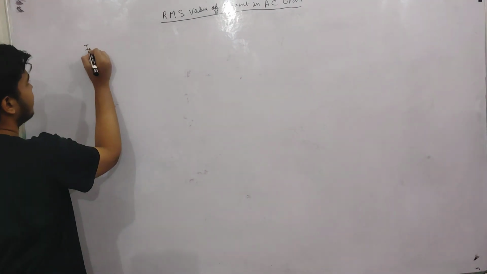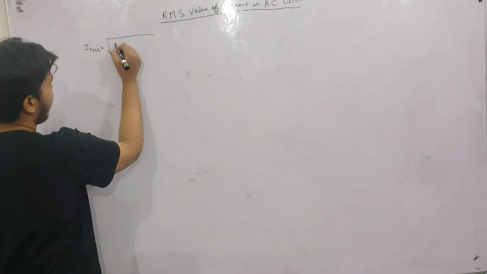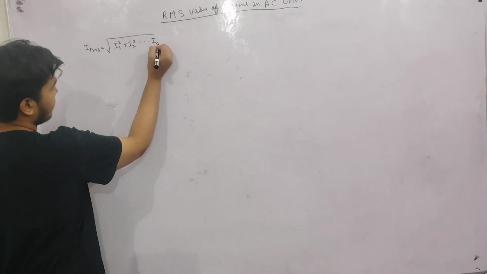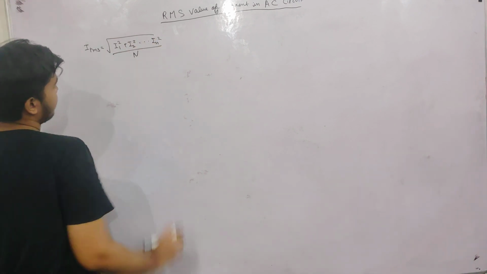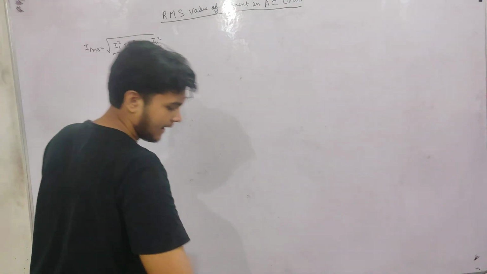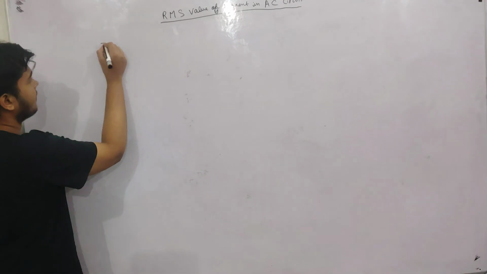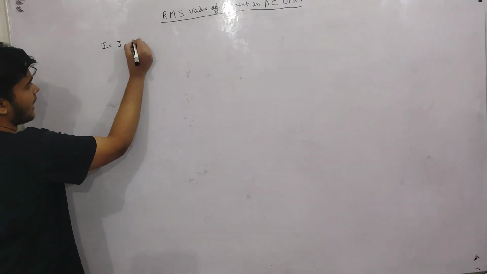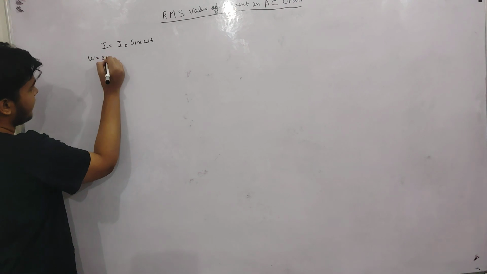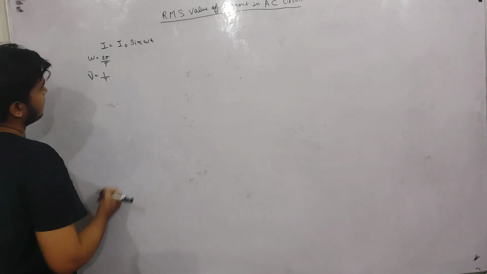We can also write I RMS equals under root I1 square plus I2 square till In square by n. Now we will move towards the derivation. Value of I we know is I naught sin omega t. Omega's value is 2 pi by T. Frequency value is 1 by T.